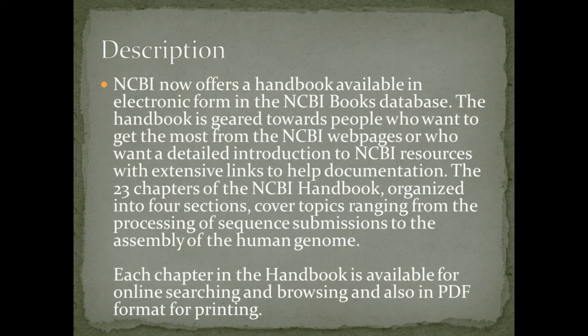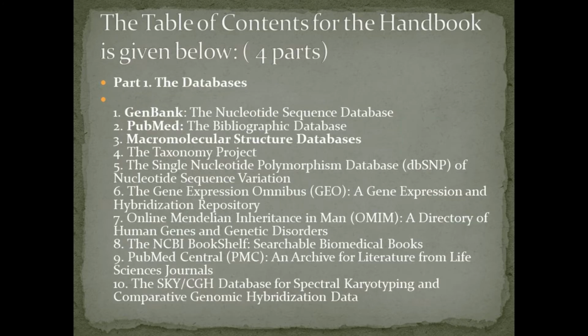The 23 chapters of the NCBI handbook are organized into 4 sections covering topics ranging from the processing of sequence submissions to the assembly of the human genome. Each chapter in the handbook is available for online searching, browsing, and also in PDF format for printing. The content of the handbook is given below.